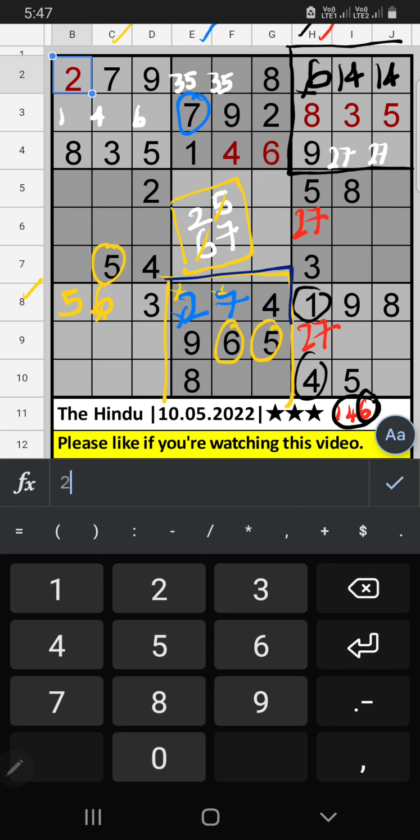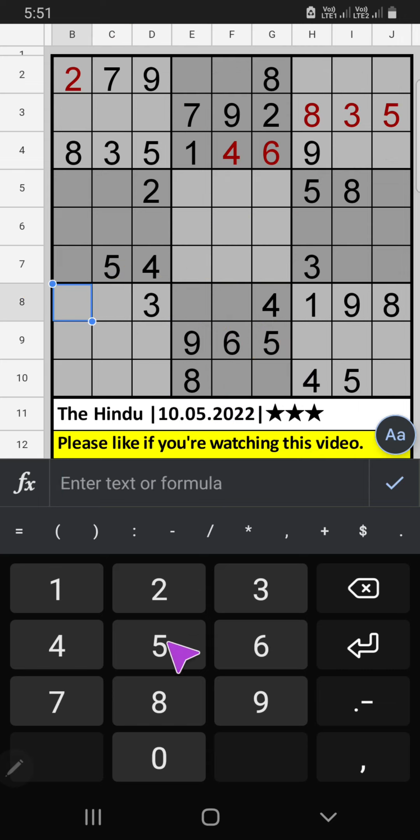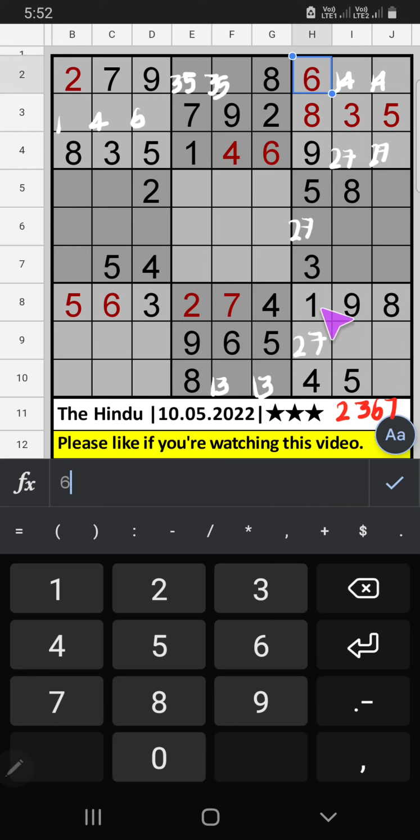Then eighth grid, only 2 numbers are remaining: 1 and 3. It will come in another 2 cells. We will confirm later. Ninth grid, 4 numbers are remaining: 2, 3, 6, 7.